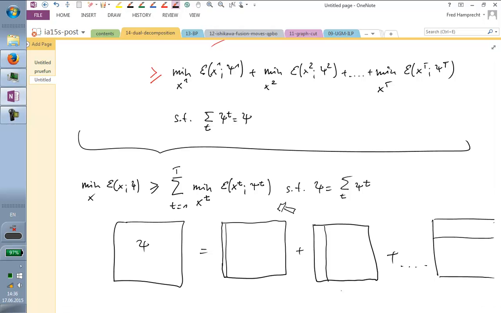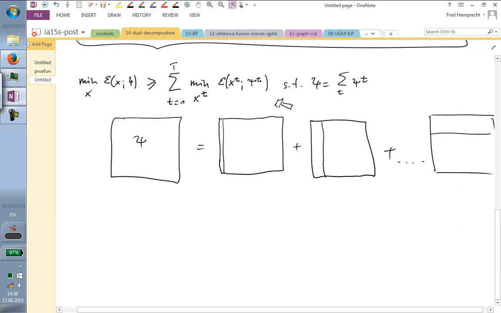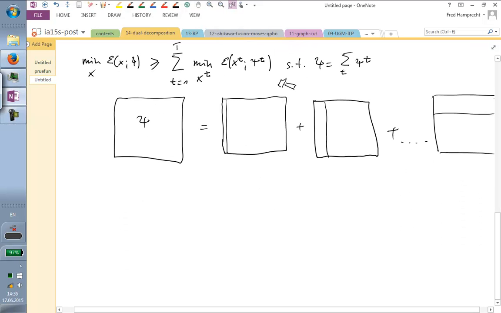What remains, however, is to assure that the solutions that we find agree as much as possible. And making them agree as much as possible, I will try and explain it qualitatively first.